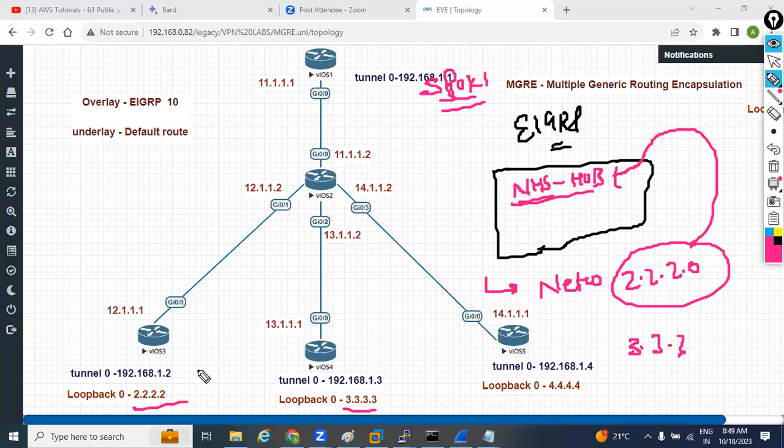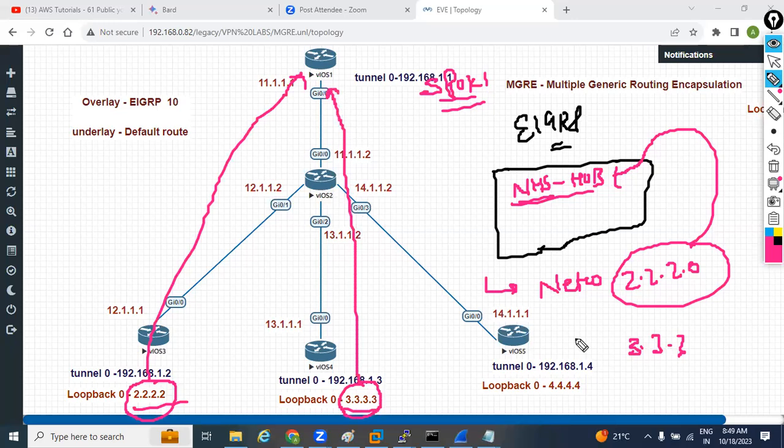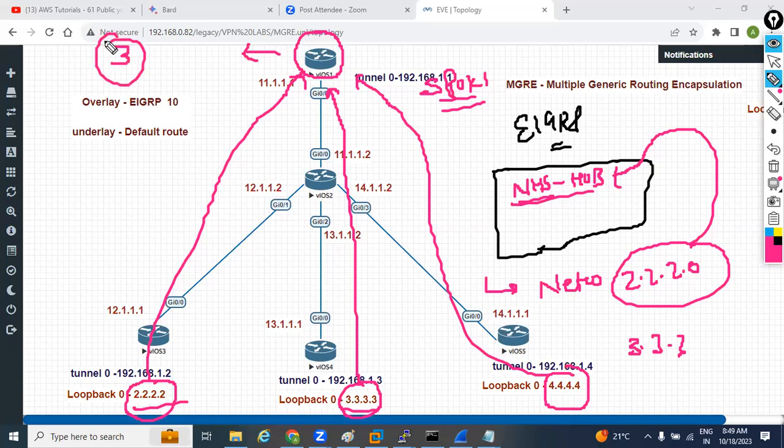So my loopback information from this device I have shared with the NHS, and this information from another spoke with the NHS as well. It means this router will have 3 networks in its routing table: 2.2 via 192.1.1.2, 3 via .3, and 4 via 1.3.